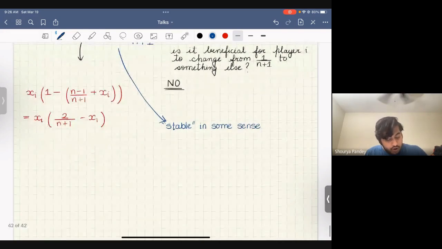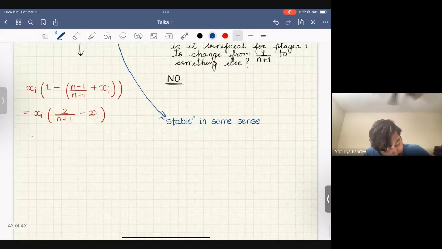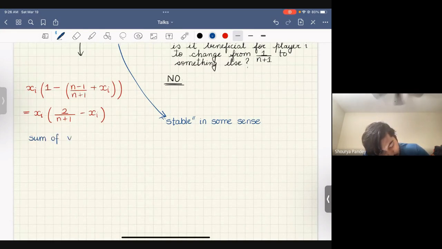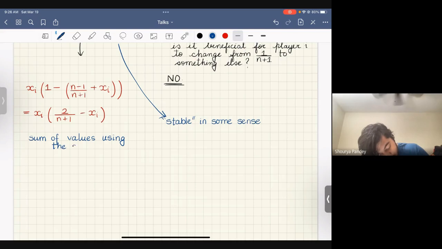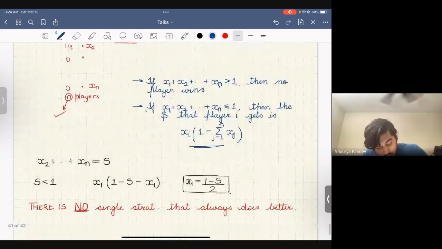And so what is the sum of values obtained from this strategy? N by n plus 1, or no, actually, I forgot this other factor.